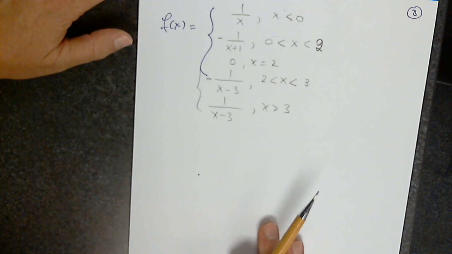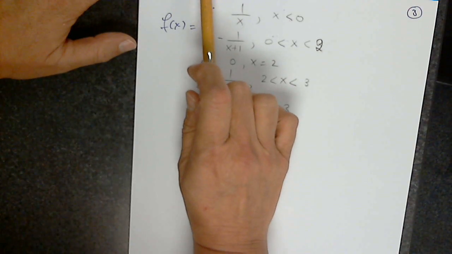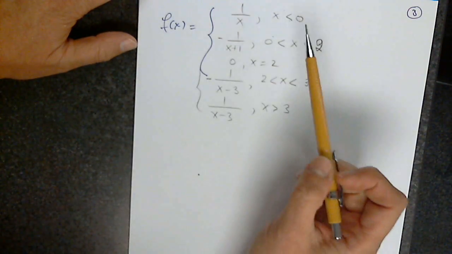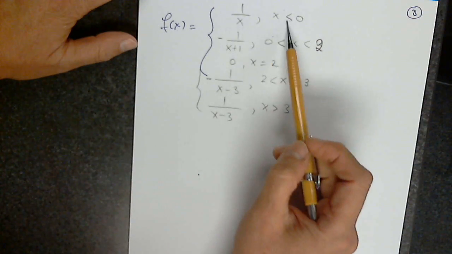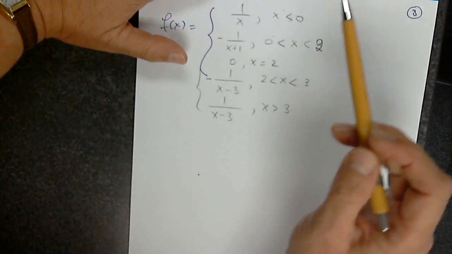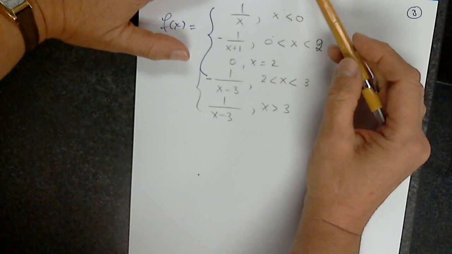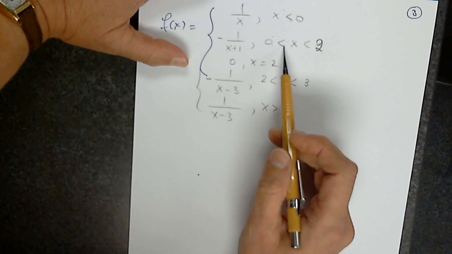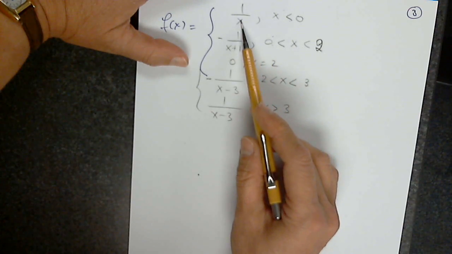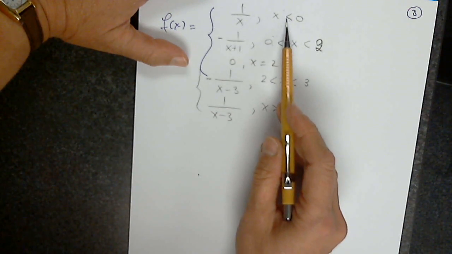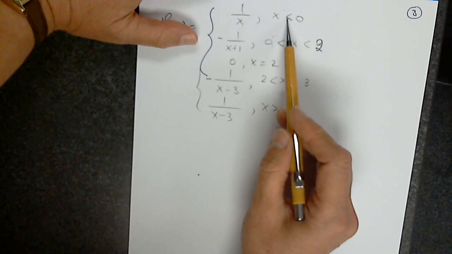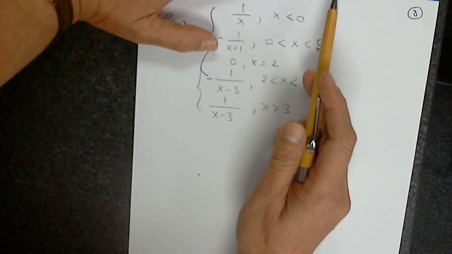We are checking everything. So I have to show that the limit as x approaches negative infinity is 0. As x approaches negative infinity of this is 0. Done. Have to show that the limit to the left of 0 is negative infinity. Plug in negative 0.1, and it is negative infinity. Done.